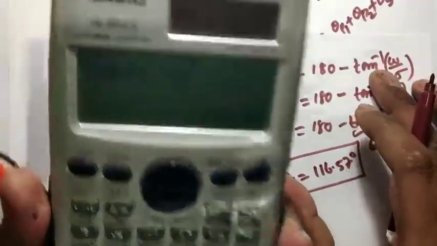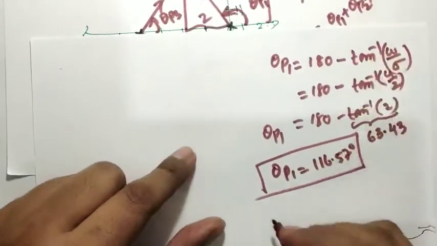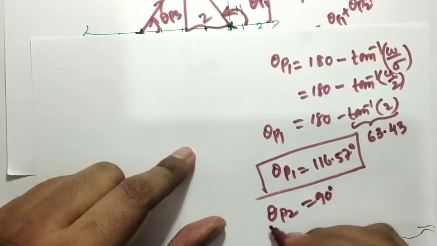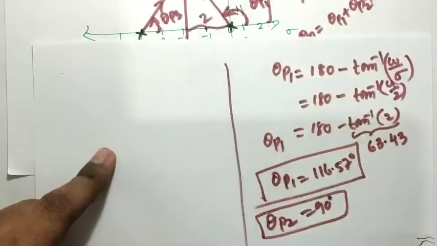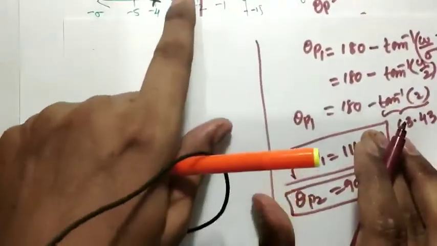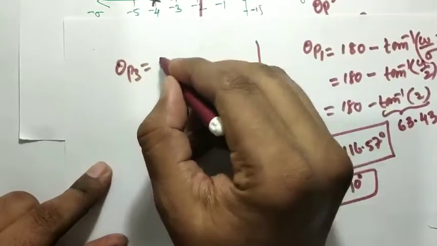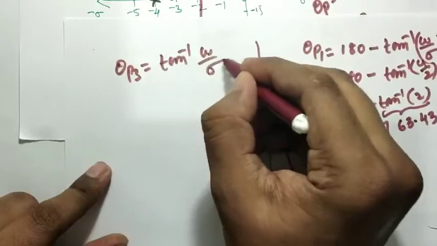What is the value of theta p2? You already know, that is 90 degrees. So what about theta p3? You have to find theta p3. Theta p3 is equal to tan inverse of omega by sigma.